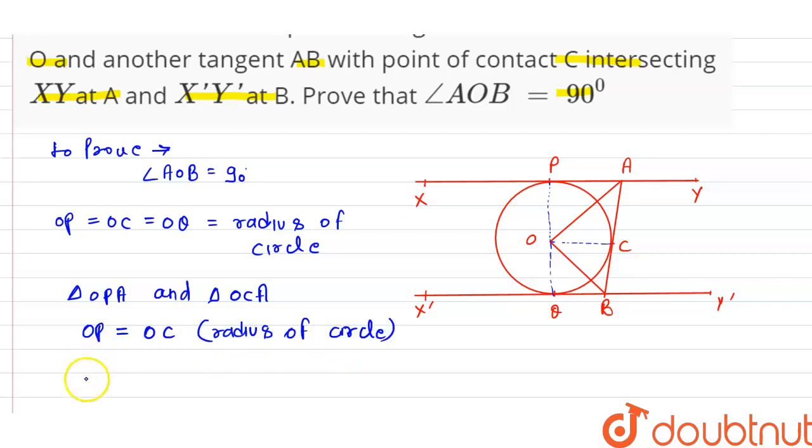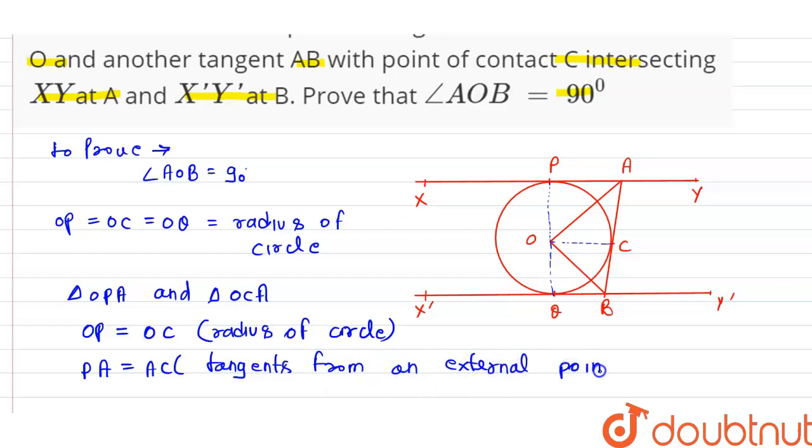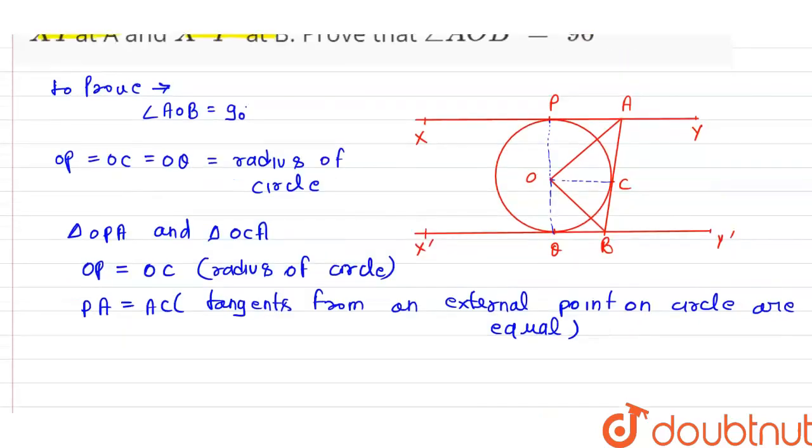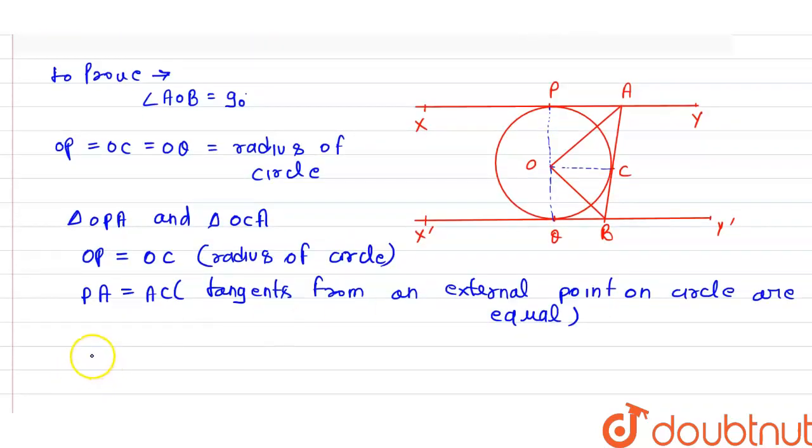And PA will be equal to AC because tangents from an external point on a circle are equal. And OA is a common side of both triangles, so OA is equal to OA.